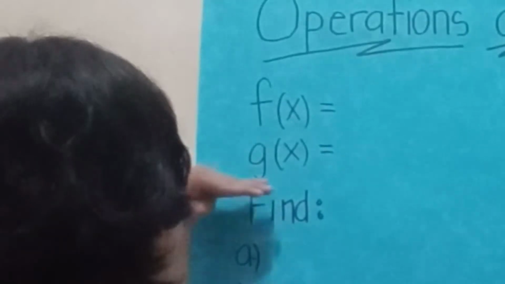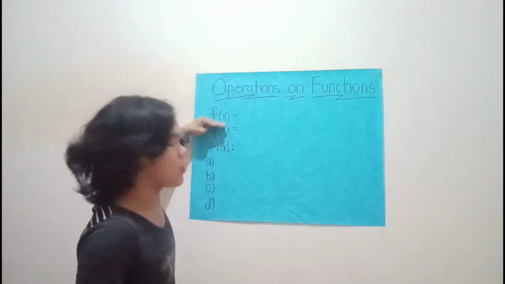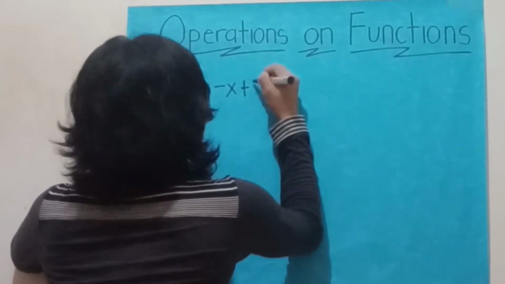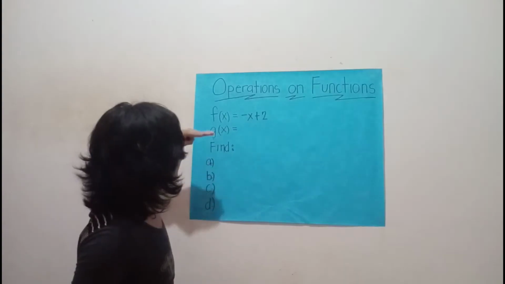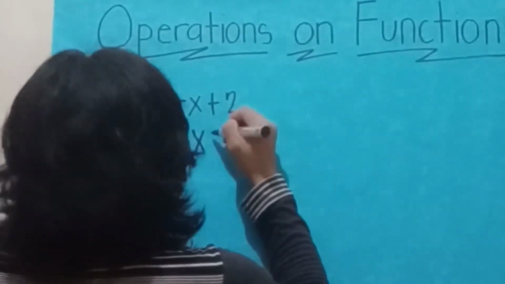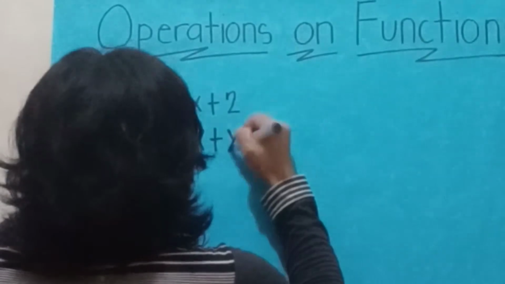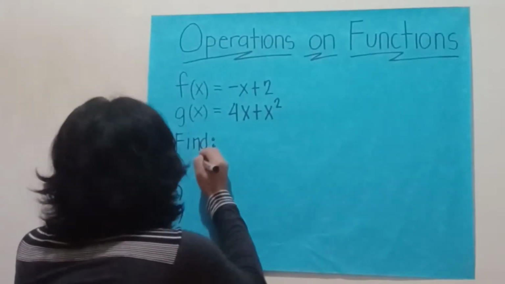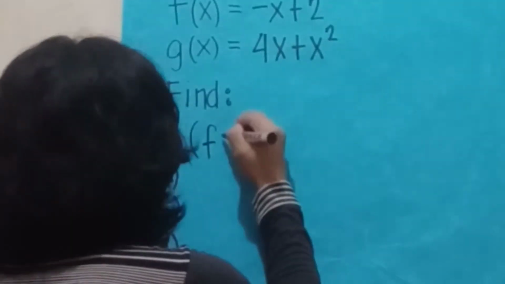Today, we are going to perform operations on functions. So as you can see, we have two functions, f and g. For our f of x, we have negative x plus 2. For our g of x, we have 4x plus x squared. After that, find A, the quantity f plus g of x.